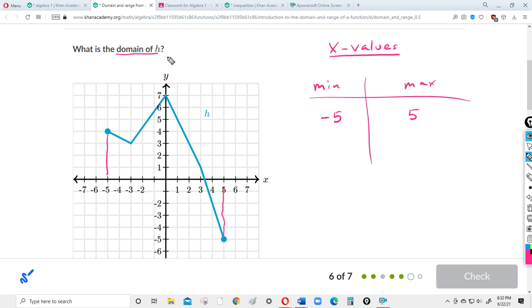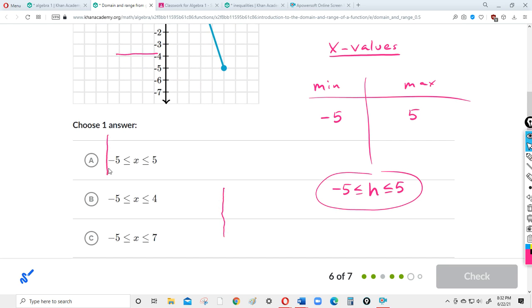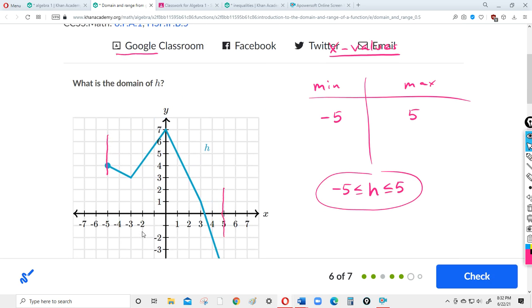Okay, so the domain for h is going to be less than or equal to 5 and greater than or equal to -5. So that's it, and that's answer A. Oh, you know what?